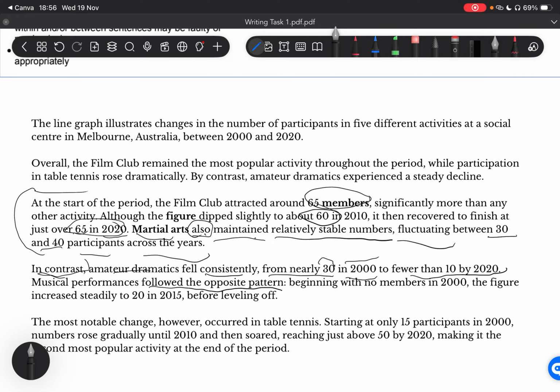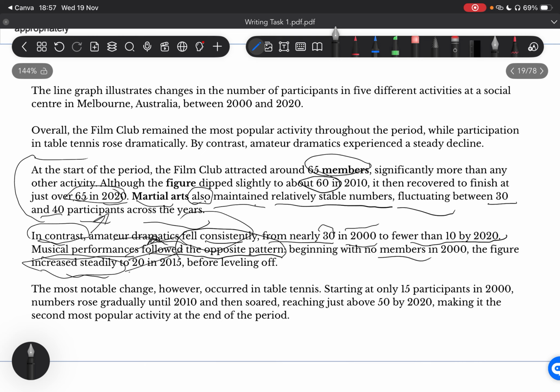So we are here saying in contrast to what is here, and also we are mentioning that the next one is opposite to what we said previously, which is amateur dramatics. Beginning with no members in 2000, the figure increased steadily. So the oppositeness is that this fell consistently, but this increased steadily. They are contradicted.